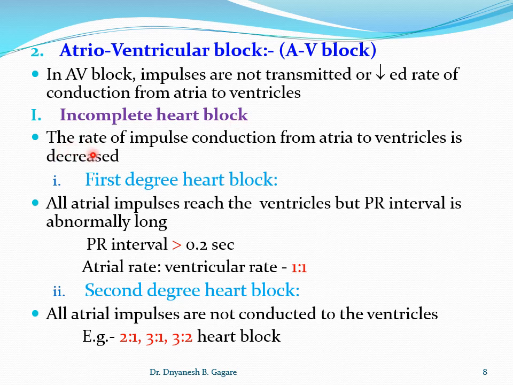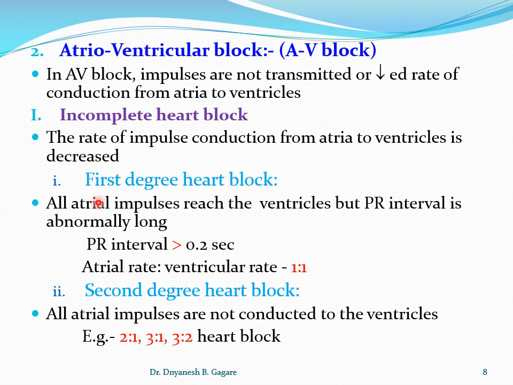Under this, the rate of impulse conduction from atria to the ventricle is decreased. So rate is decreased, and also there is a transmission problem. So it is divided into first degree heart block and second degree heart block.